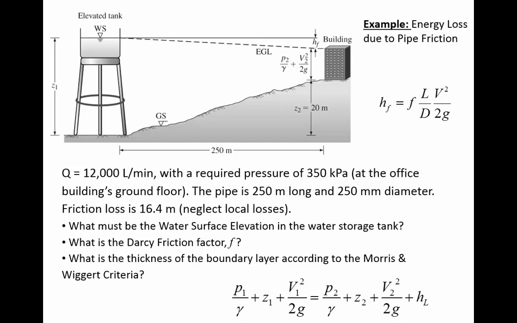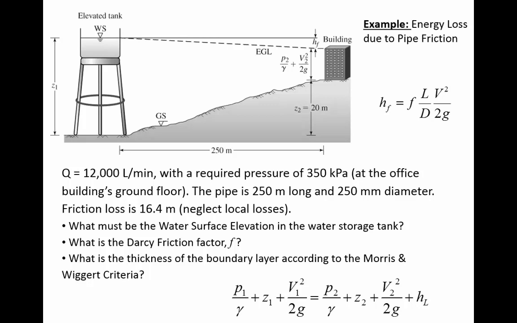So there's three steps that you should go through here. First of all, determine what water surface elevation is required at the tank. That'll just be as easy as solving the energy equation by substituting in all the known information. Solve for the friction factor based on the head loss that's defined.